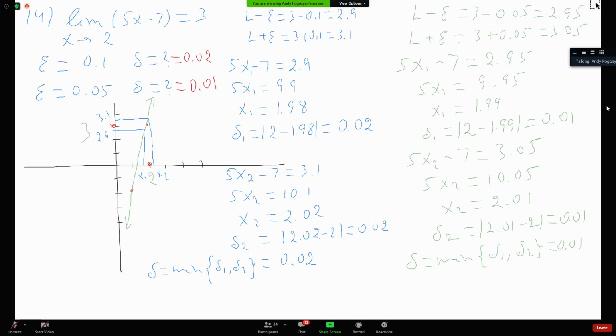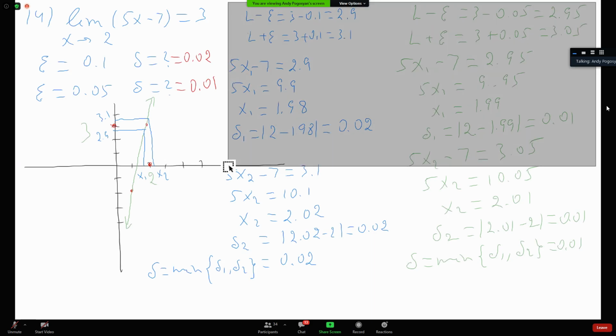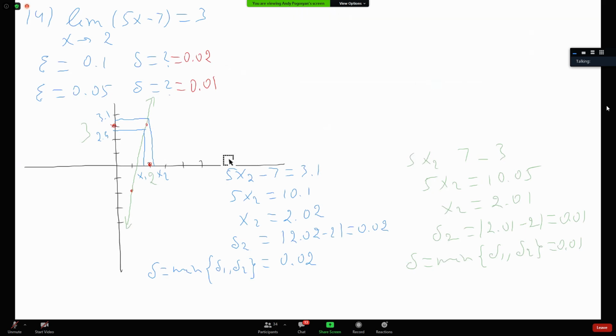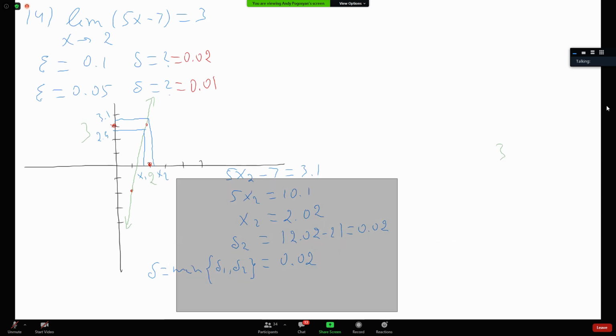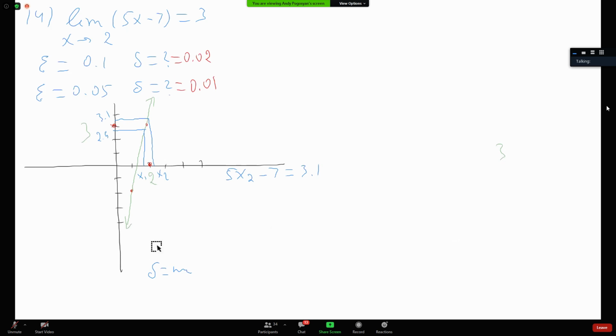Now, let me erase this calculation part, and then demonstrate how we do by definition. Okay.